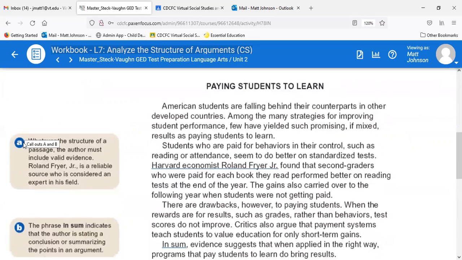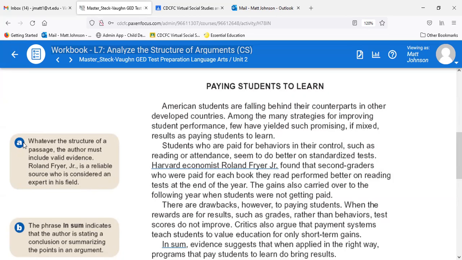Students who are paid for behaviors in their control, such as reading or attendance, seem to do better on standardized tests. Harvard economist Roland Fryer Jr. found that second graders who were paid for each book they read performed better on reading tests at the end of the year. The gains also carried over to the following year when students were not getting paid.